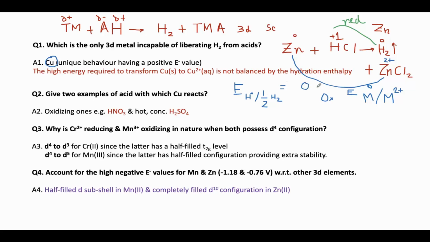That is 0 volt. So whenever this acid will get reduced to molecular dihydrogen, we will take the standard electrode potential value as 0. So that is the reference frame. Now, if a metal is having the reduction potential below this 0, then only it can actually reduce the acid. But if it lies above this 0 value, then it cannot actually reduce the same.